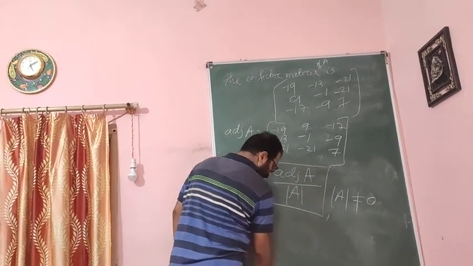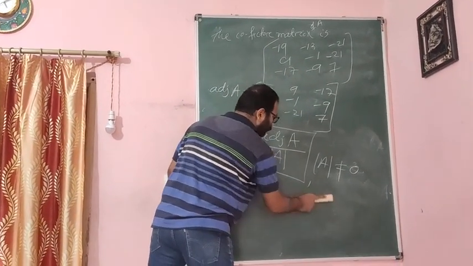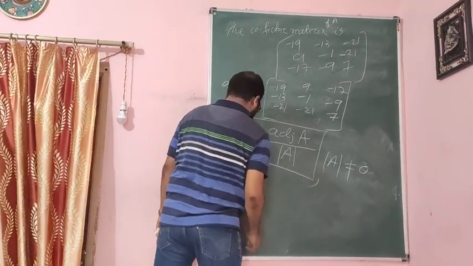And then, when is the matrix A called a singular matrix, and when is it called non-singular?